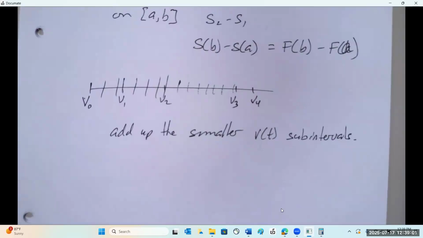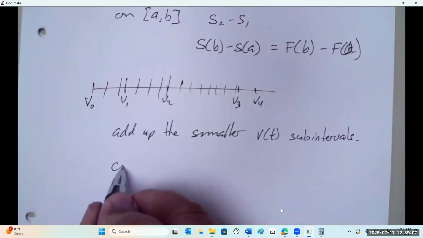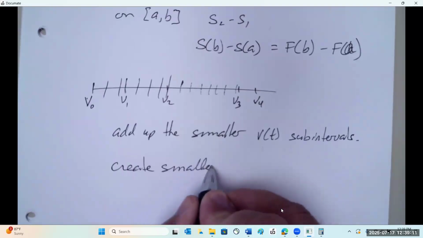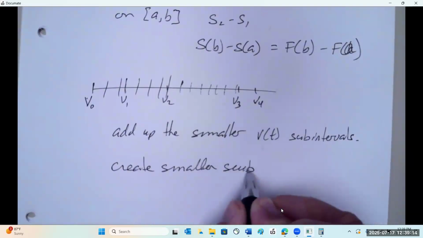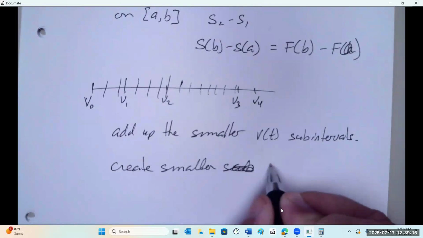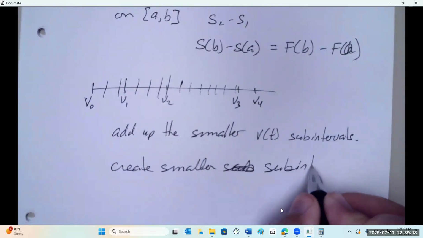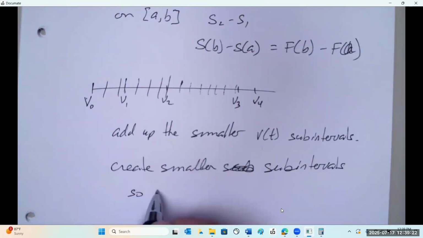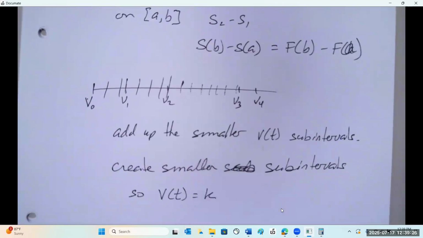Because what your objective is, try to make your velocity constant. Create smaller subintervals so the velocity is constant.